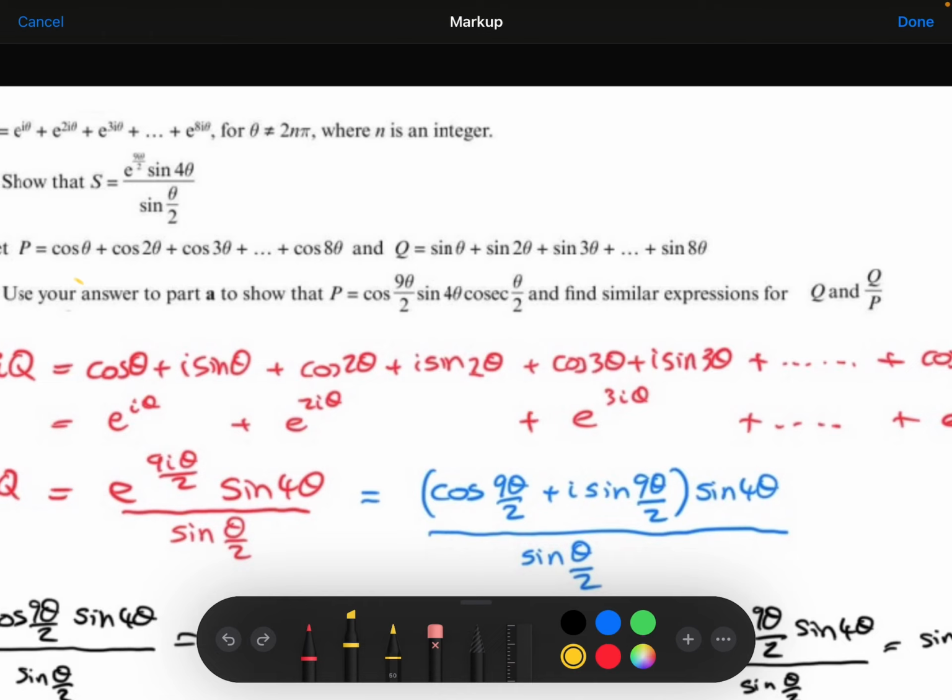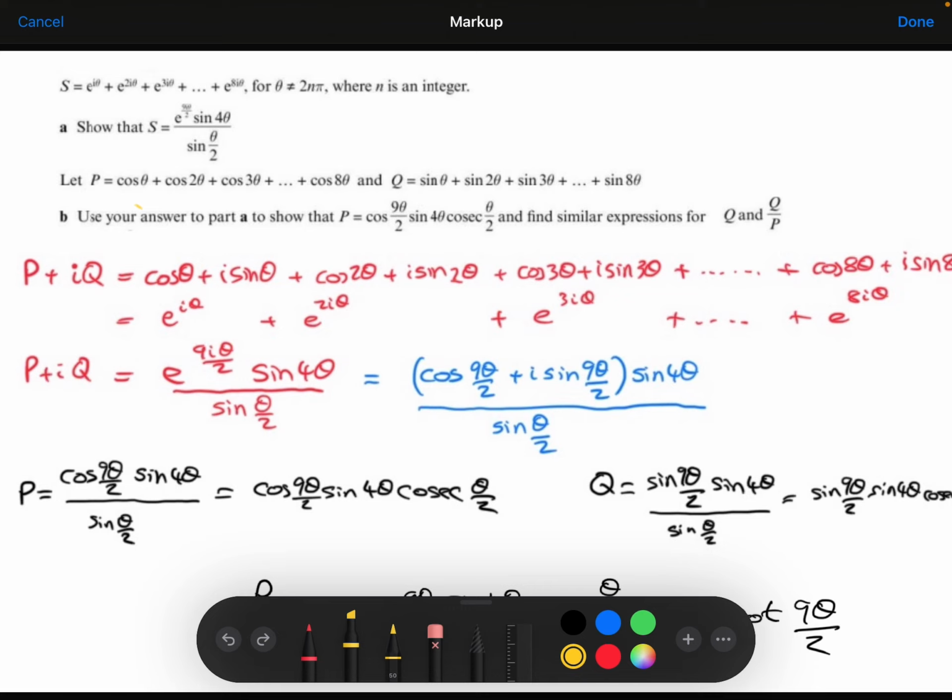We're then supposed to use our answer to part A to show that P is actually this thing, and then find similar expressions for Q and Q over P.